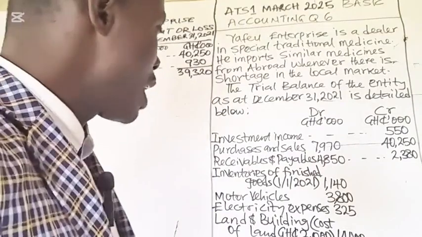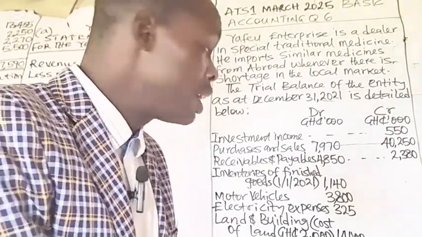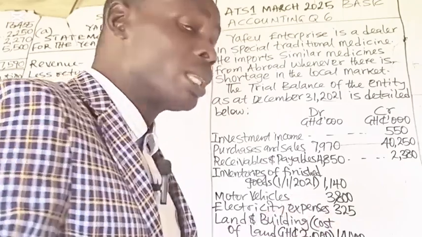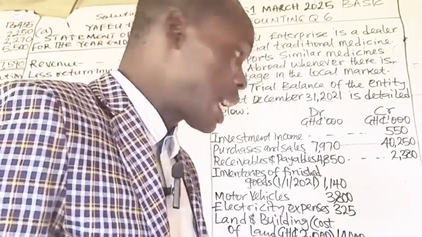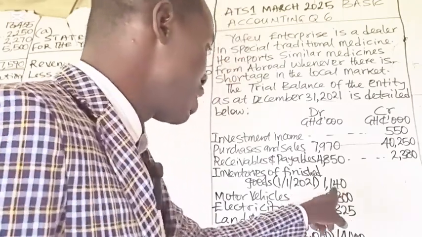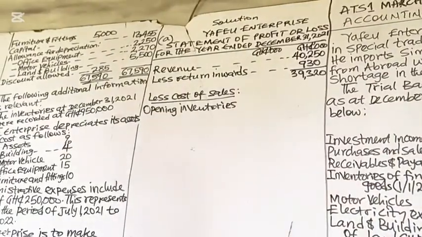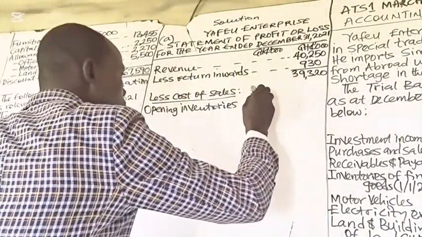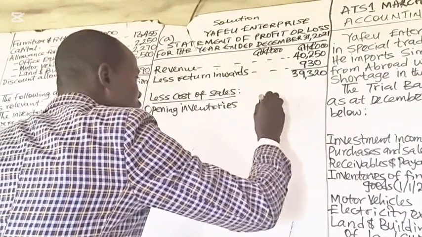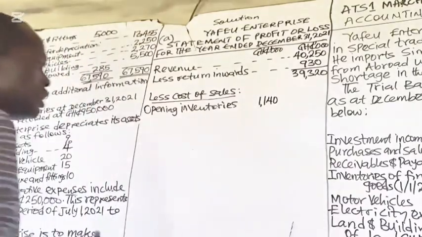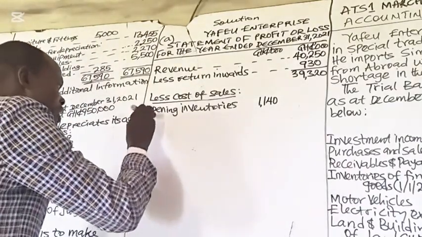You know, 1st of January 2021 is the beginning of the accounting period. So the inventory at the beginning of the accounting period is known as the opening inventory. So we have that as 1,140. Then you have purchases, if any.